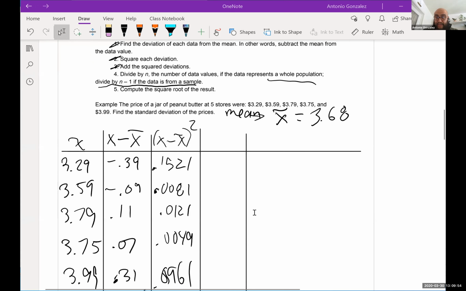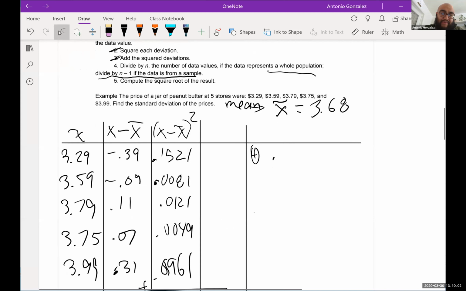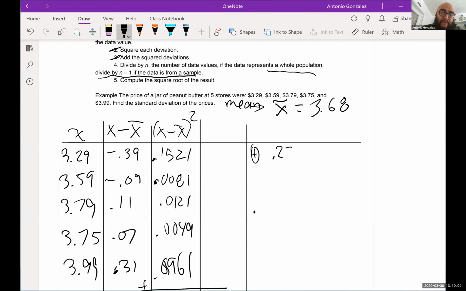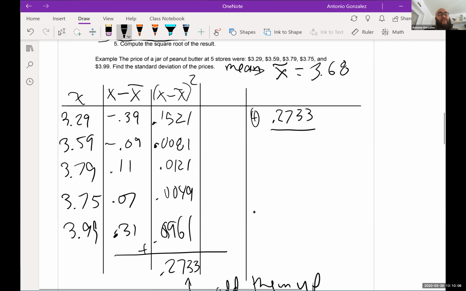So let's take a look here. For step 4, we want to take 0.2733, and I want to divide that by 1, 2, 3, 4, 5. And I assume that there are more than 5 brands of peanut butter, so I'm going to say that that's going to be a sample. So I'll take 5 and subtract 1.